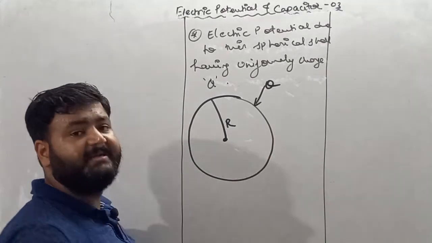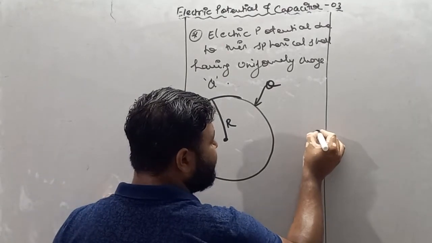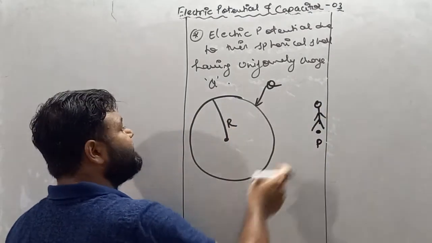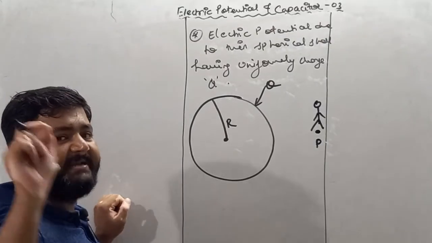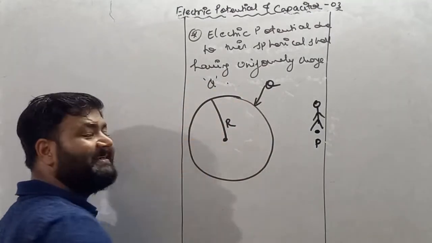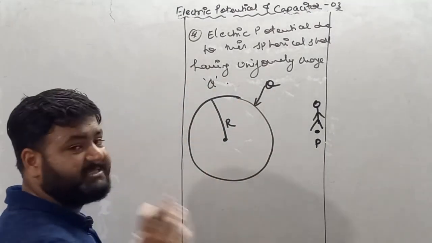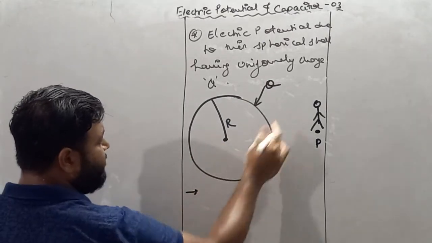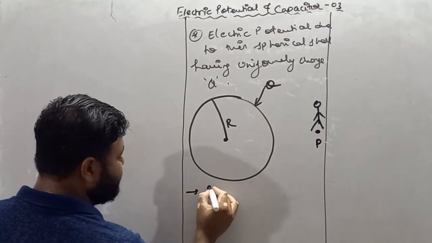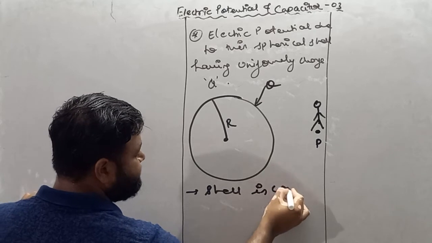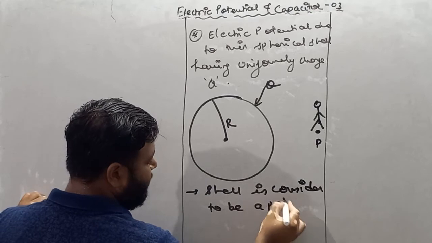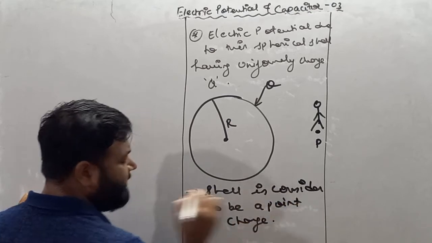So Newton's shell theorem says, if you are standing away from the shell, let's suppose at this point P, then don't consider the shell to be a shell. Consider it to be a point object whose total mass is present at the center of the shell. According to the charge concept, the shell cannot be considered as a continuous charge; it is considered to be a point charge according to Newton's shell theorem, my dear student.